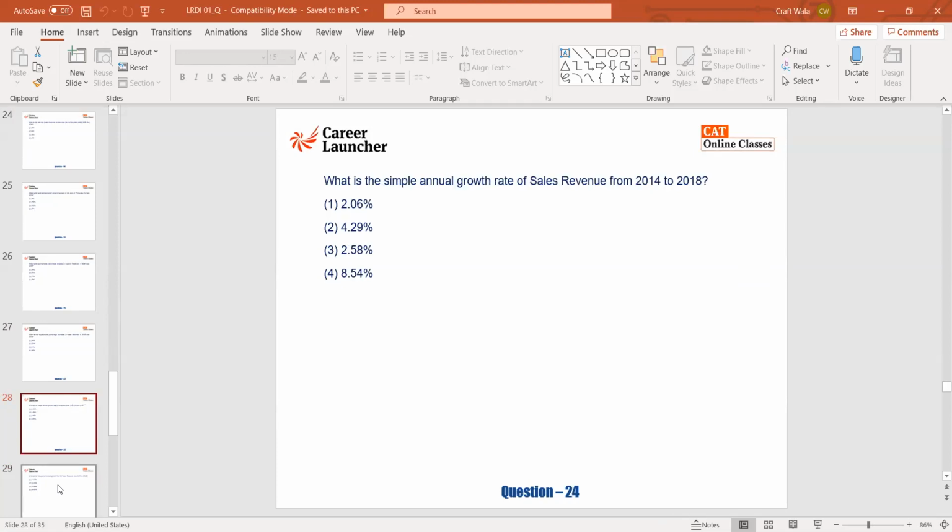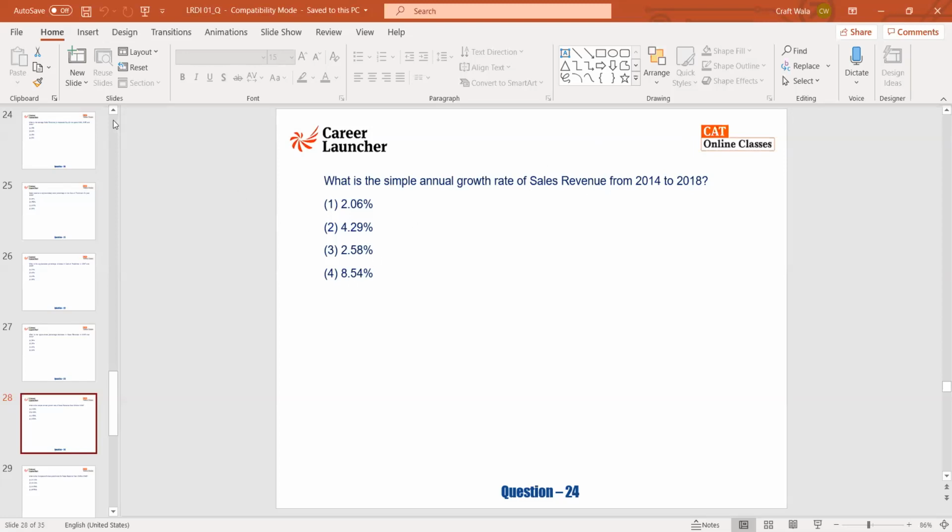Simple annual growth rate 2014 to 2018. Okay, why are we getting different answers here? 2.58 and 2.06. Let's see question number 24.